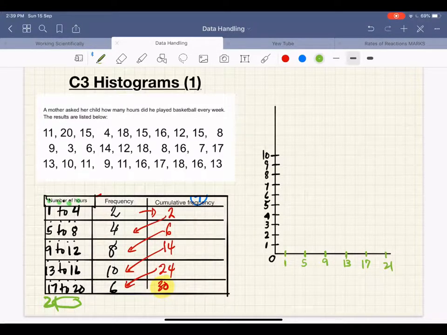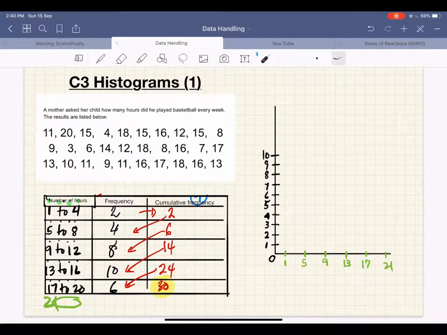So I made sure I did not put my first bar by the y-axis, because our class interval did not start at 0. It started at 1. Look at the next point that I marked here, 5, which is the first value in the next class, then 9, 13, and 17. And why did I add the 21? Because if I didn't, how can we close the last bar?